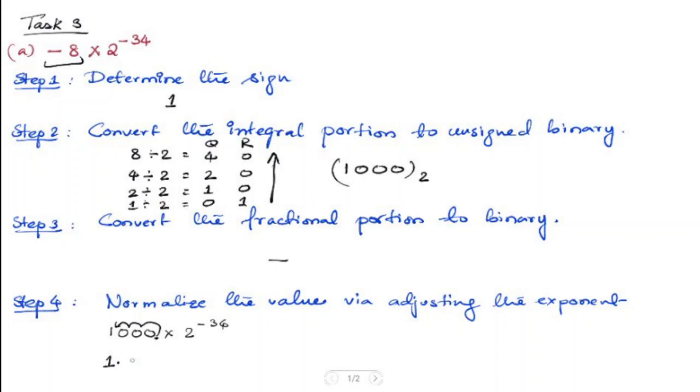It will be 1.000 times 2 to the power -34, but because we moved this 3 places, we add 3, so that will now be -31. Okay, so we have adjusted the exponent and normalized the value. This is our answer to step 4.